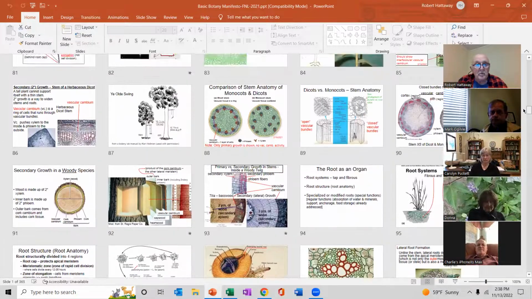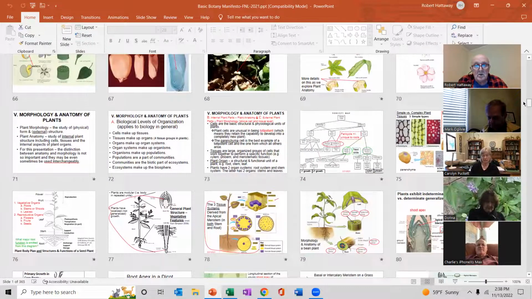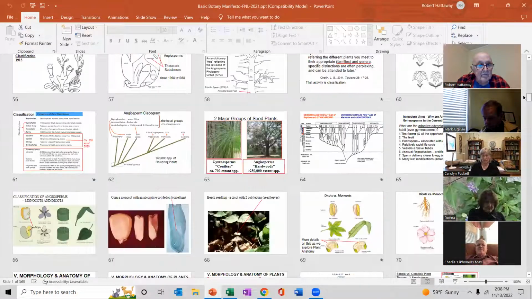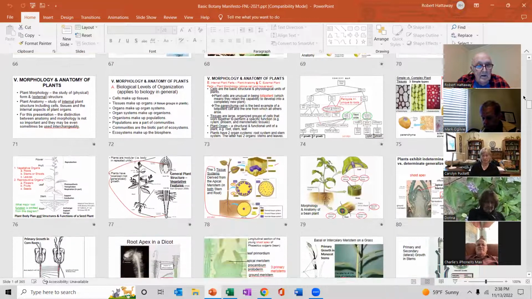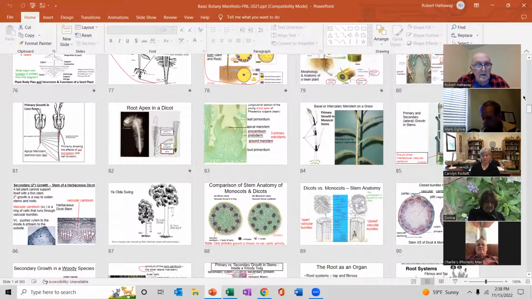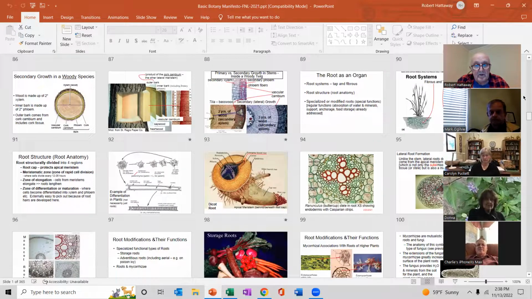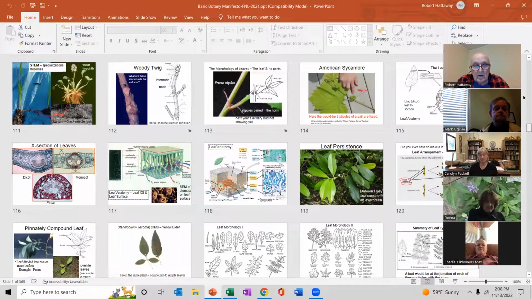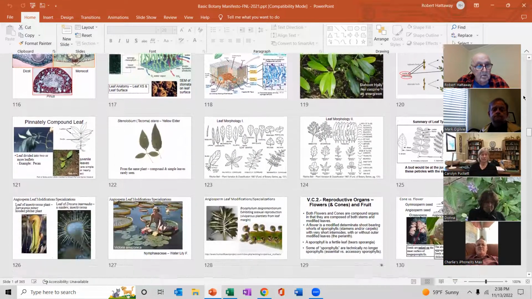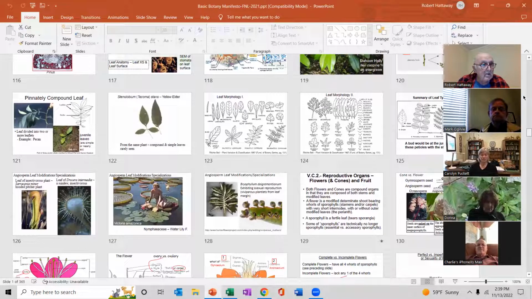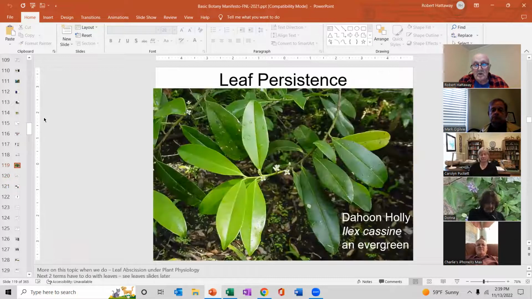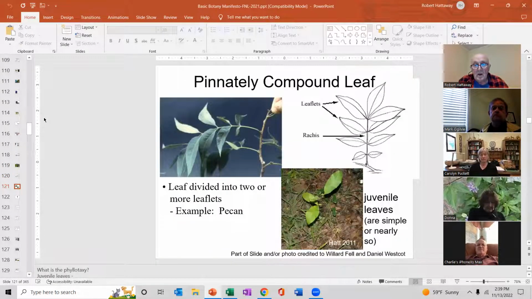I usually do the leaf before that. I can't believe I don't have it. I guess I'm thinking about another slide set, but I'm looking for a good example. Okay, here we go. It's not the best. Well, actually, the one above it. All right, this pecan. There it is.